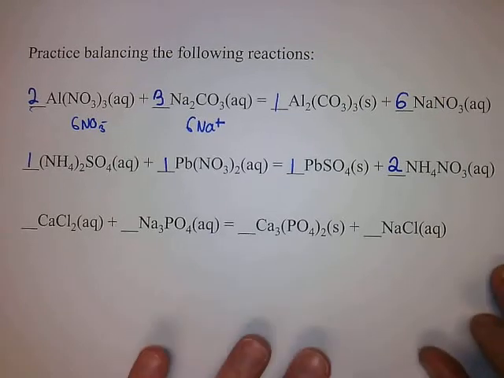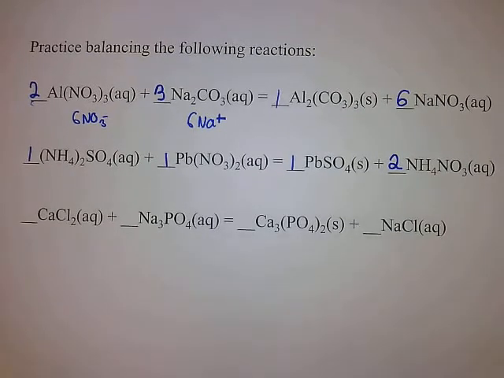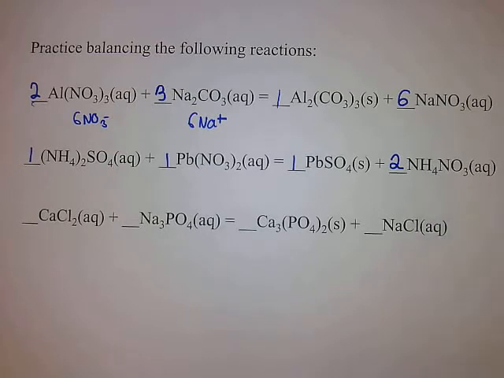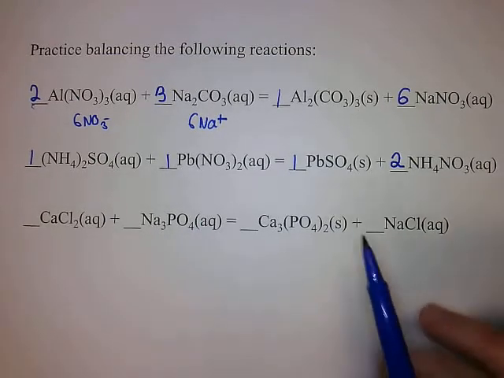Okay, let's look at our last example here. Reaction between calcium chloride and sodium phosphate to make calcium phosphate, which is insoluble, plus sodium chloride. So again, let's work off our precipitate.